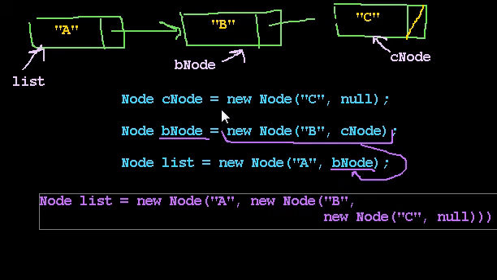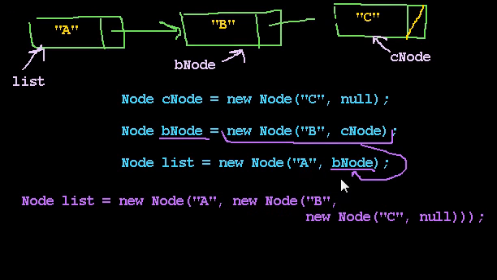So actually, here we go. You can see that this new node with c and null is one of two arguments to this new node with b. New node with b and the new node with c and null. Anyway, I think you get the idea. So this is what it looks like to create the whole linked list in one line.